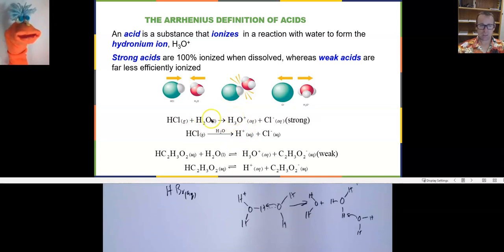Another way to say this is you put an acid in water and a proton is donated to something else. All right? In this case, the proton is donating to a water molecule. All right? And when people want to stick with that definition that a proton is donating to something else, that's what an acid is, something that donates a proton to something else, then they'll need the water molecule to have it donating it to there.